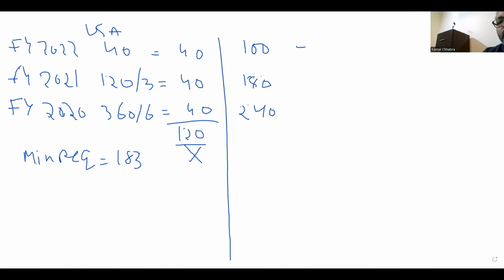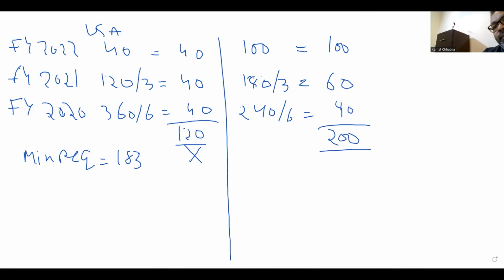Then you'll be calculated as 100 days here, 180 divided by 3, and 240 divided by 6. How many days? 40. So the total number is 200 days. So in this case, you'll be considered a resident. In the earlier case, you'll be considered a non-resident.